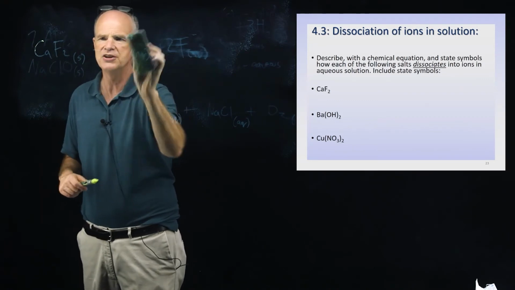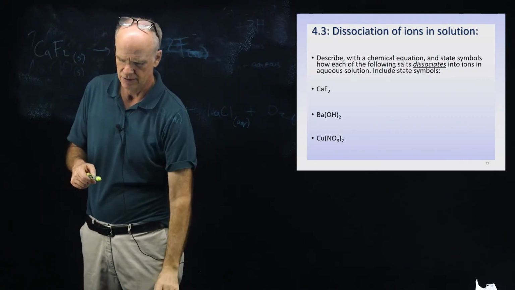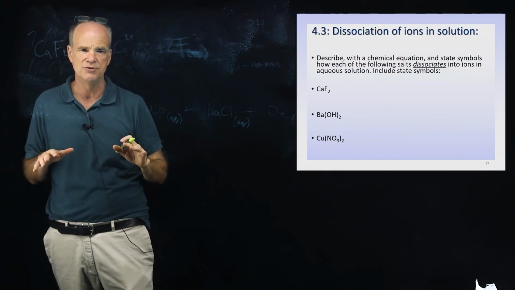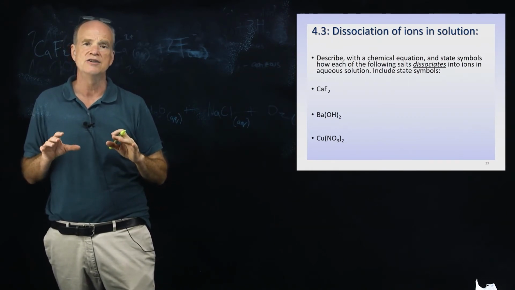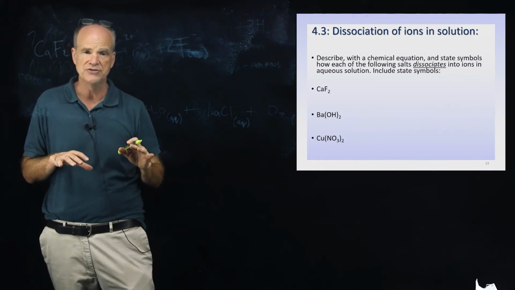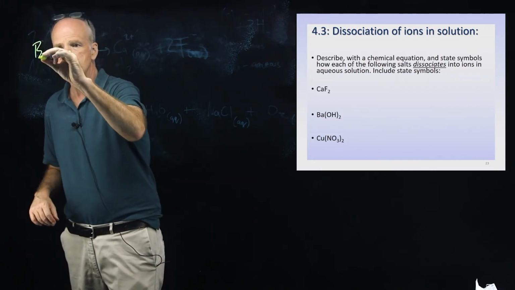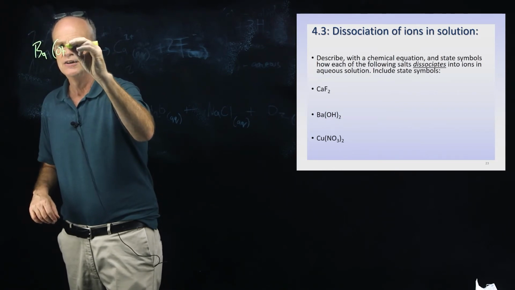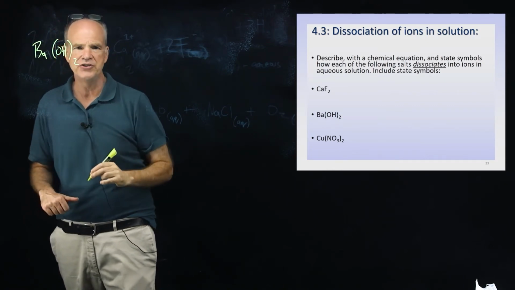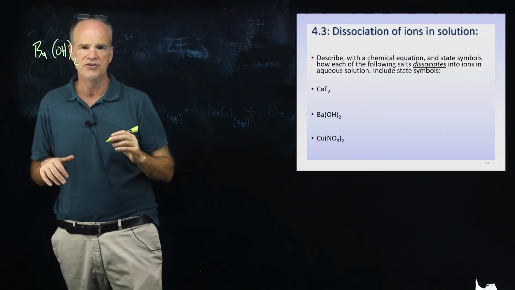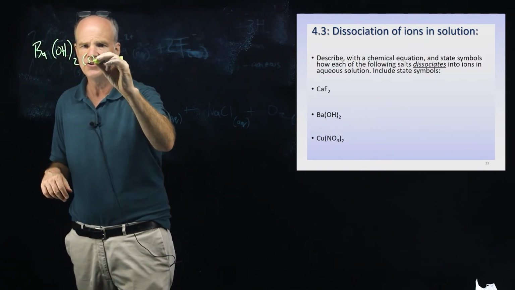Okay, how about barium hydroxide? So if you had barium hydroxide salt and you were to dissolve that in the water, can you write a chemical equation that describes its dissociation? So let's go ahead and do that. So you have barium hydroxide, and we have to include a state symbol in the dissociation equation. If it is a salt, it is a solid, so we will put a parentheses s here.